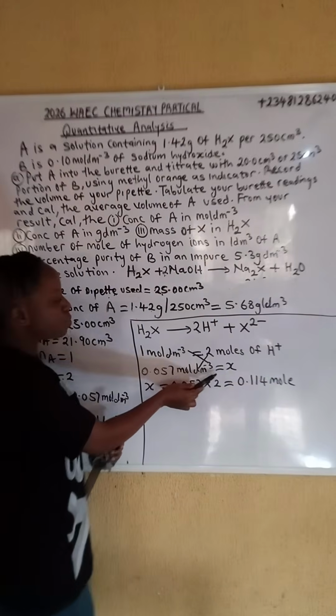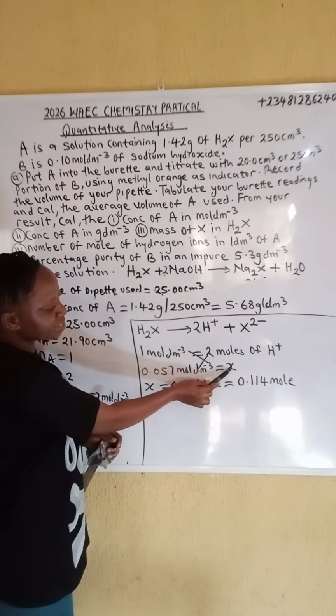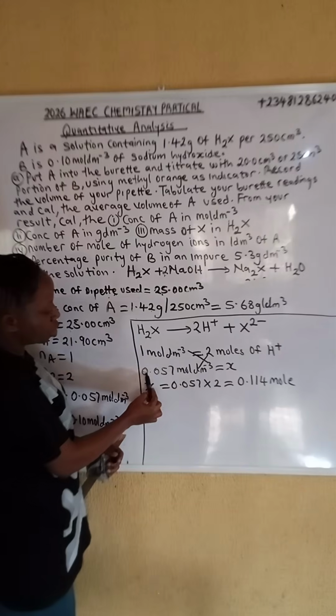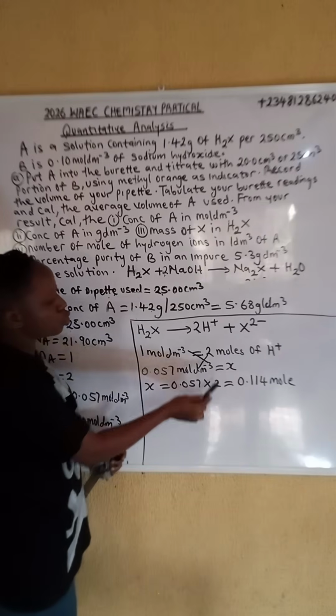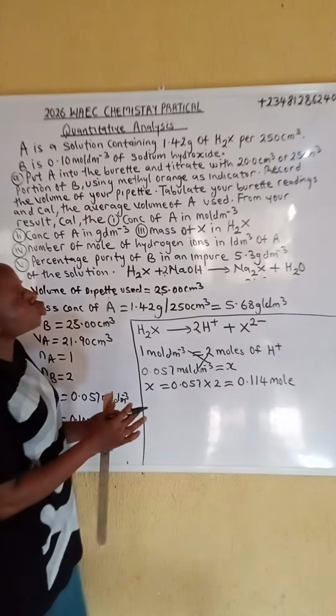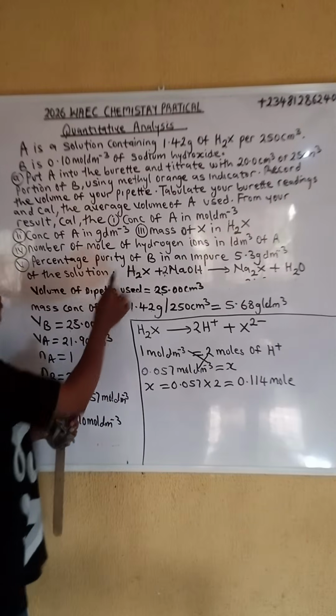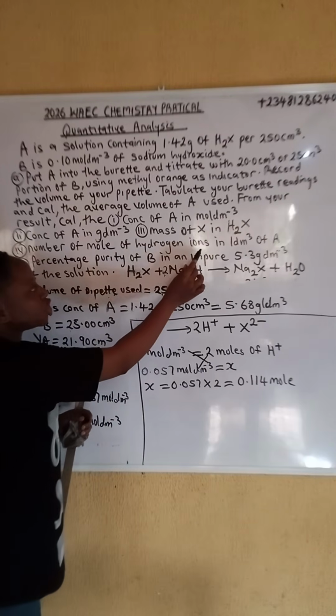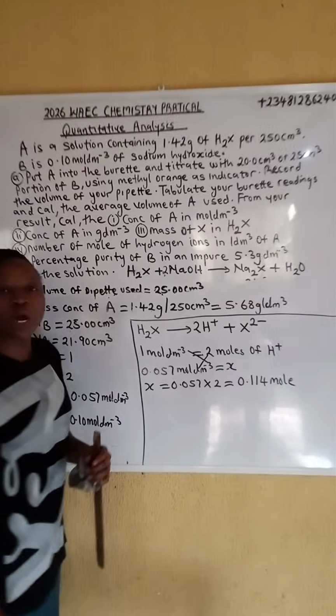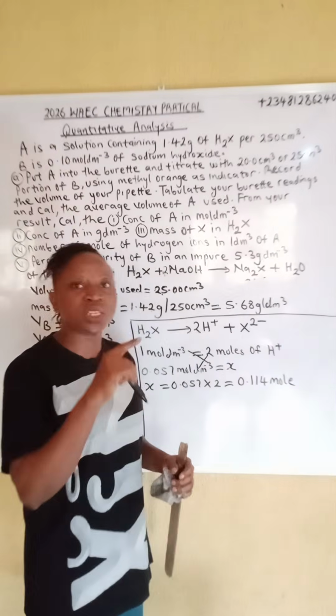Because we are looking for the number of mole, X is the number of mole equivalent to 0.057 mole per dm cube. And that is not where we are going. We are looking for the number of mole of hydrogen ions.